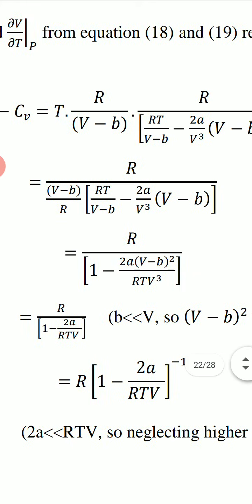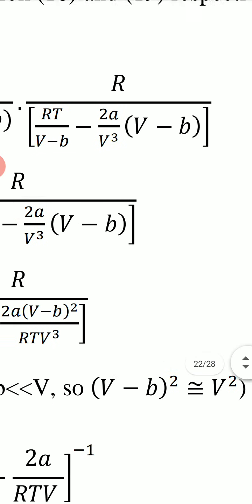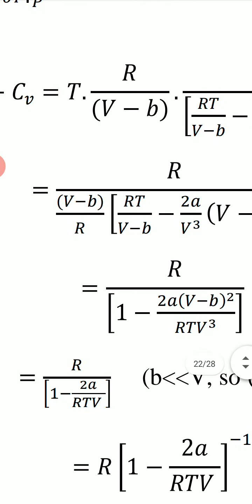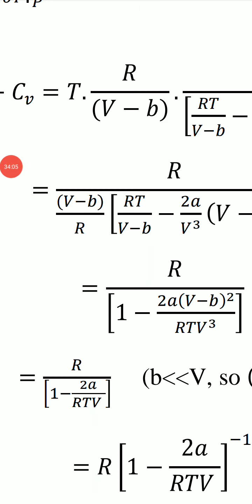upon RT. It is not V minus B upon R. Write it as V minus B upon RT. RT is in numerator. We take it in denominator, and in numerator we have only R. It is this R, and this RT in numerator we bring it into denominator, so that in denominator we have V minus B upon RT.